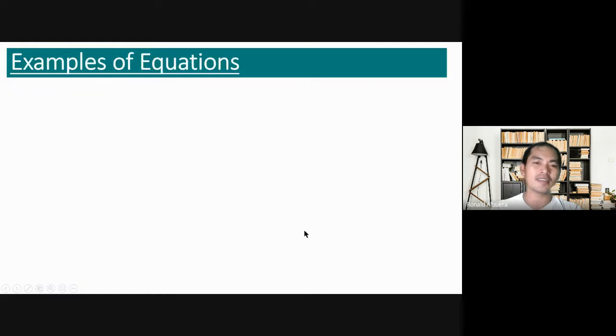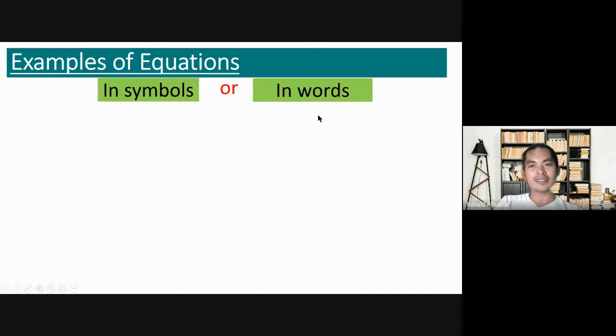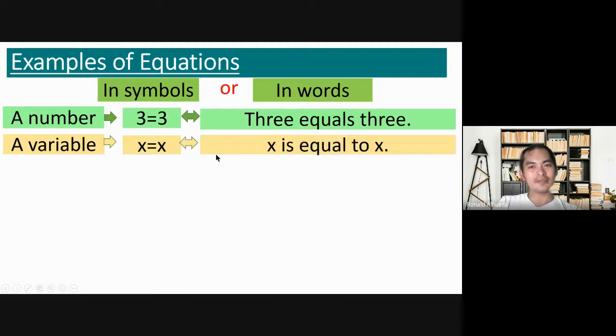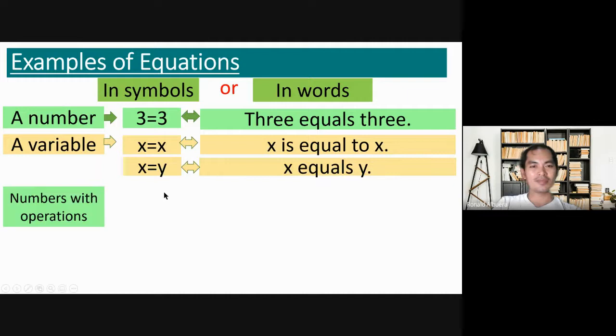Okay. For example of equations, in symbols or in words. A number. We have 3 equals 3. A variable. X equals X, or X equals Y. Okay?